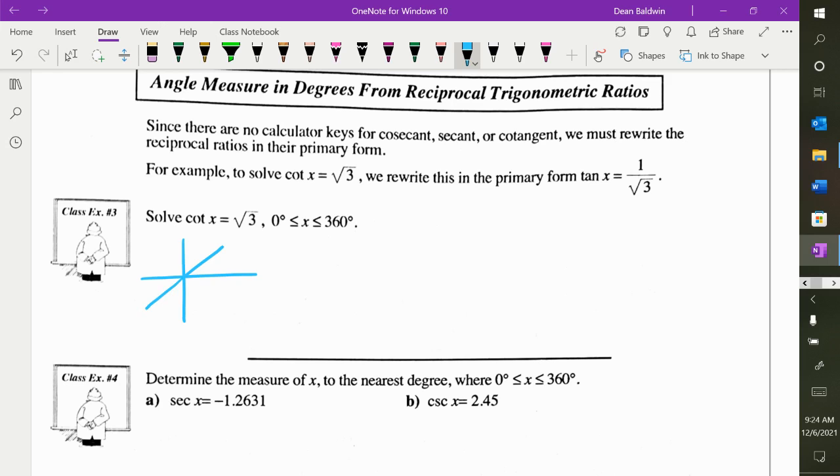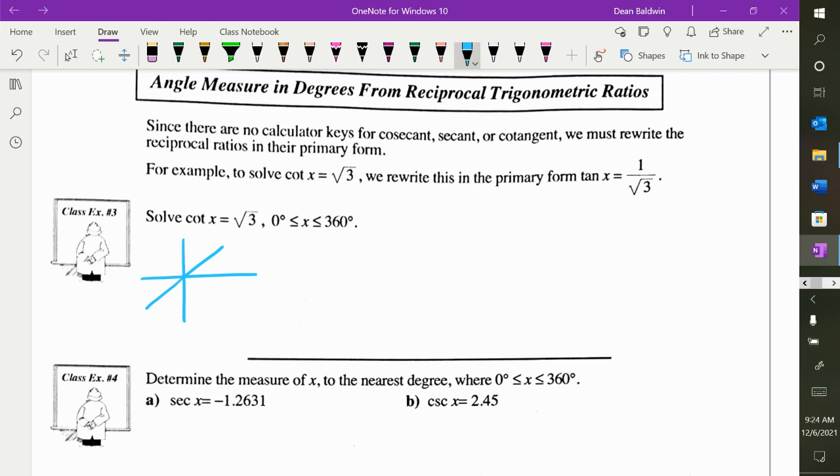Right? Add. Let me erase this and just leave it. Add sugar to coffee, or all students take calculus, whatever you want to remember. Okay, so we're in quadrants 1 and 3.